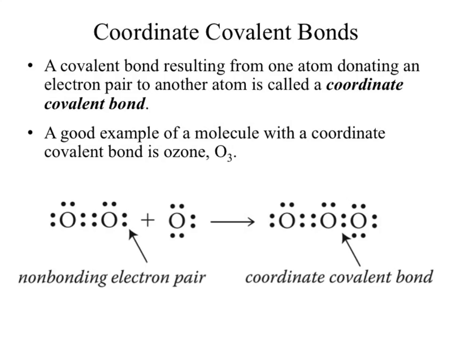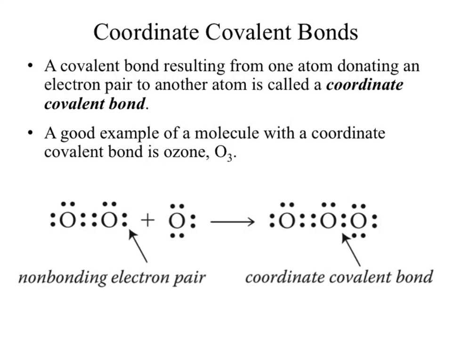The rest of, what are we in? Chapter 12 talks about a couple extra concepts. Coordinate covalent bonds. If we go through and look at Lewis structures, a coordinate covalent bond technically is showing up in the case of ozone, but those are most classically looked at in different structures.